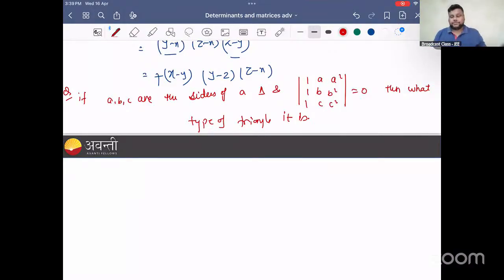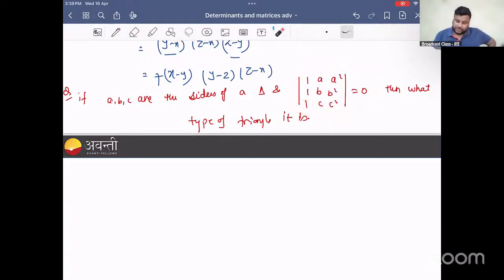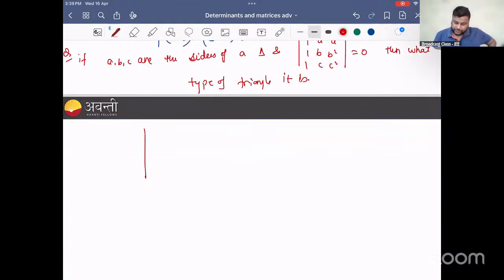Yes, anybody? Don't know, sir. See, just now I told you the result of this determinant. 1, a square; 1, b square; 1, c square is 0.